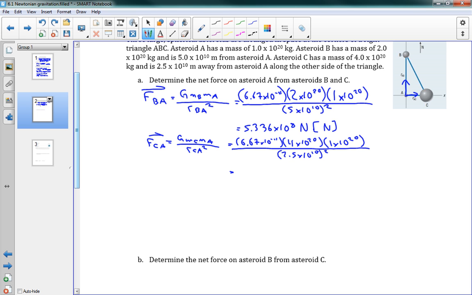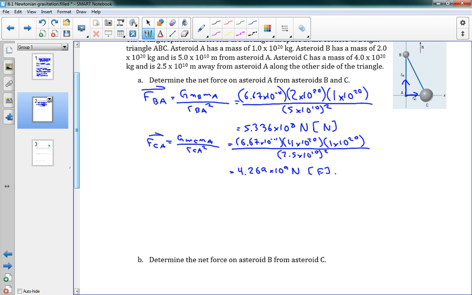This gives us a number. The force of C on A is 4.269 times 10 to the 9. And this is pulling it east.